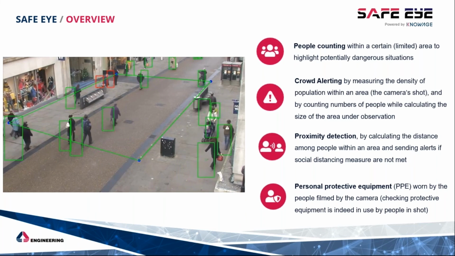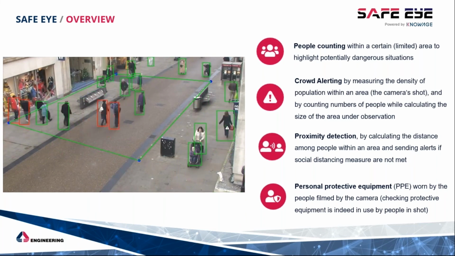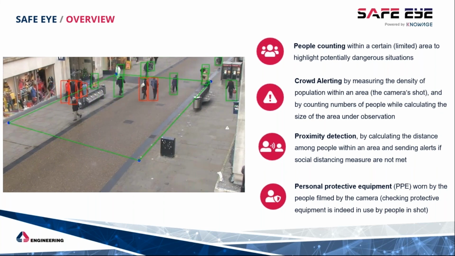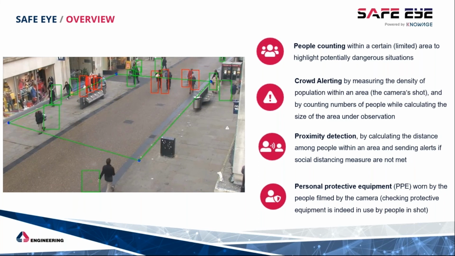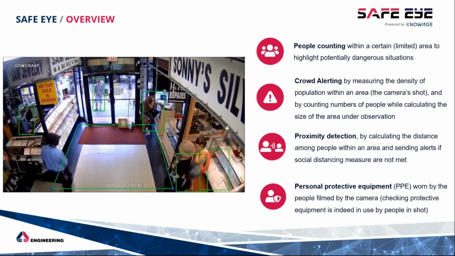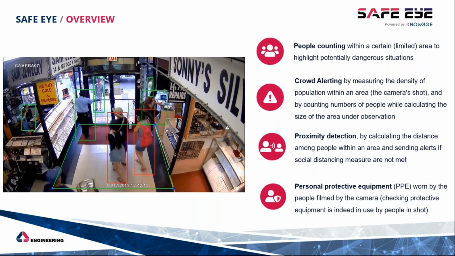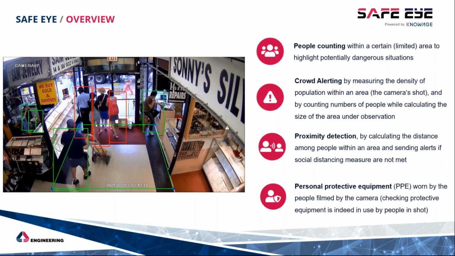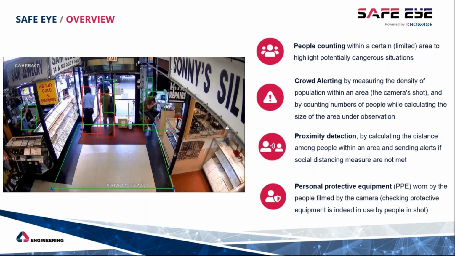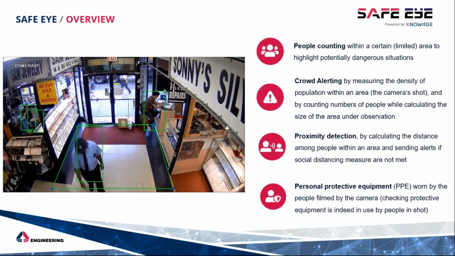SafeAI works with video from surveillance systems and analyzes humans in real time to count people within a certain area, evaluate the size of the area and the number of people inside, providing alerts if the ratio is over the threshold. You can evaluate the distance between people, sending an alert if there is not enough distance, and detect people without the right personal protective equipment, PPE.